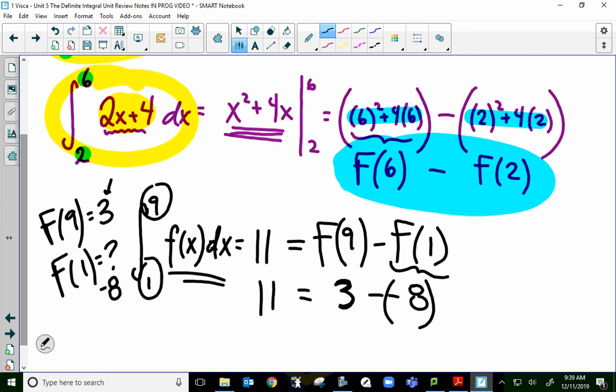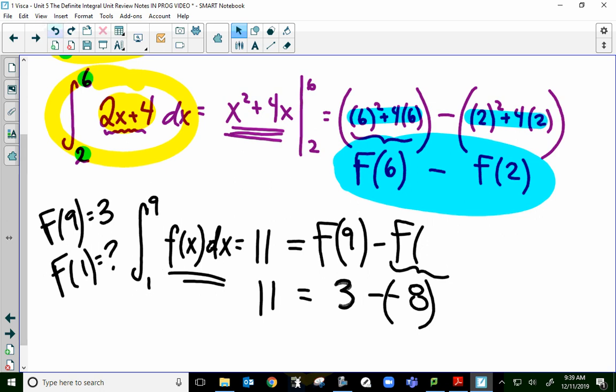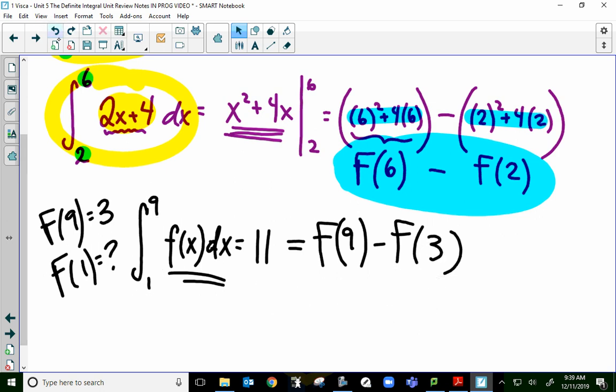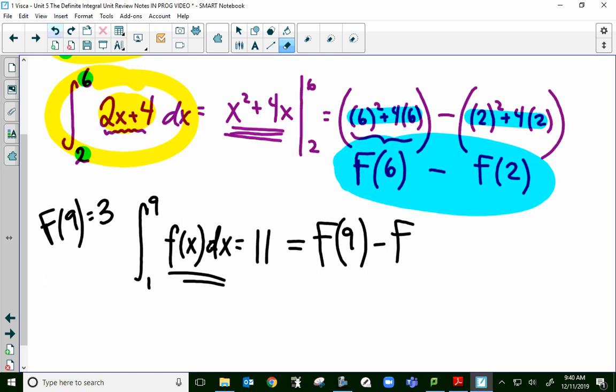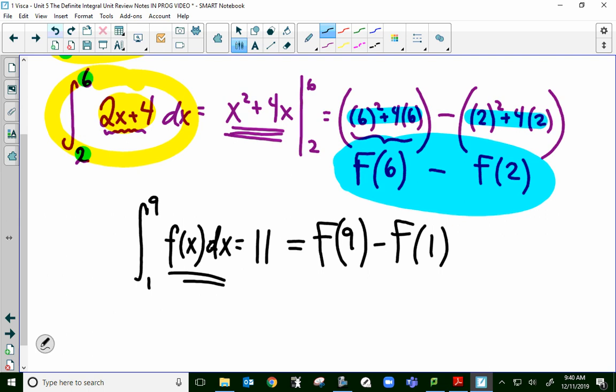A lot of the times what they'll do on the answer key is this. They give you this, and you need to find F of 1. They're asking, what is F of 1 if F of 9 is 3? What they'll do is subtract F of 9 from both sides.